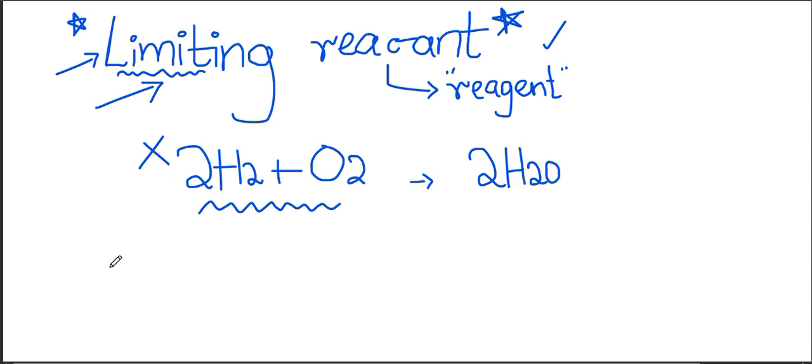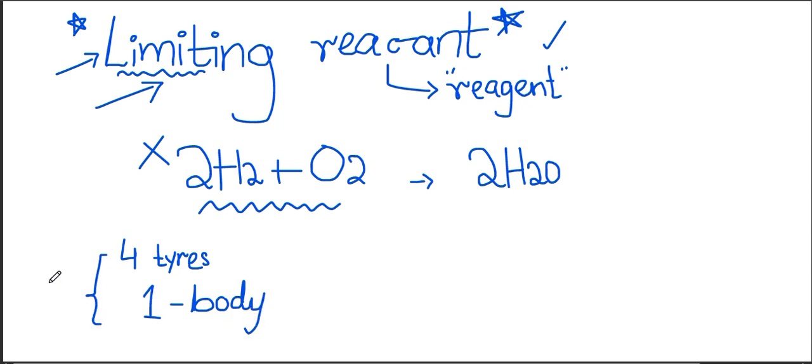Limiting reactant. First of all, let's consider a natural example, such as four tires in a car and one body. That is a constant value that every human being will consider if asked how many tires and other accessories are in a car.